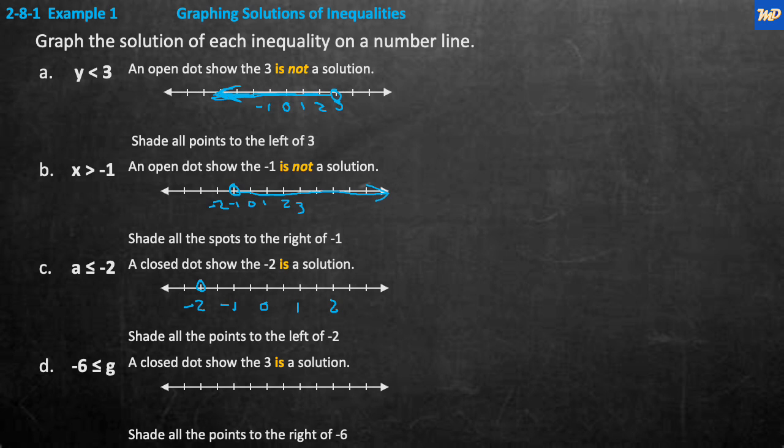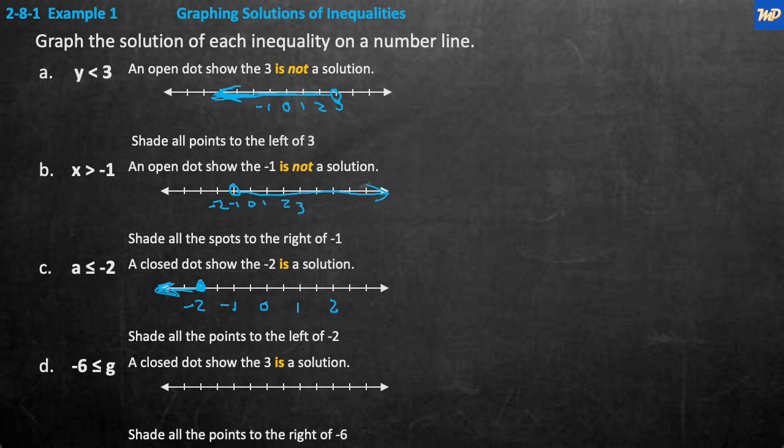And when it's less than or equal to, we're going to fill this dot in. Now it's filled in, and we're taking all numbers to the left. So we're shading all points to the left of -2, including putting a dot on -2.